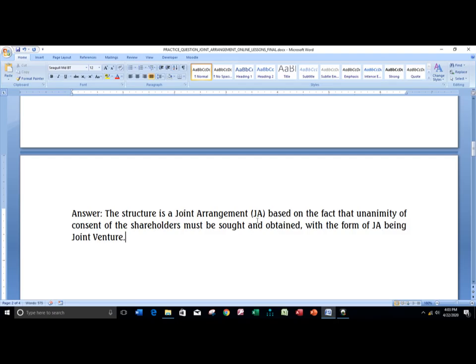Let's complete that sentence. Because there is a separate structure, a separate vehicle, in line with IFRS... 12?